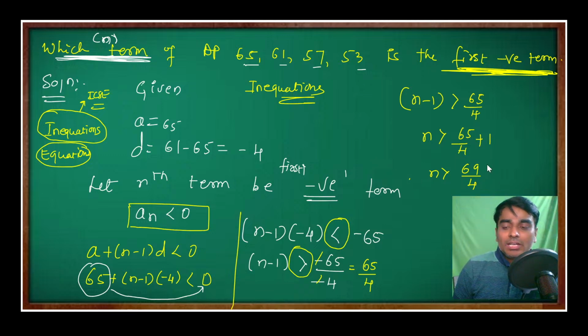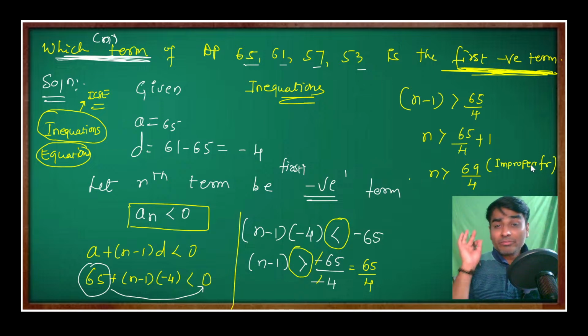Now look at this. This is an improper fraction. Whenever you have an improper fraction, it is mandatory to convert that into mixed. If you get improper, convert it into mixed.